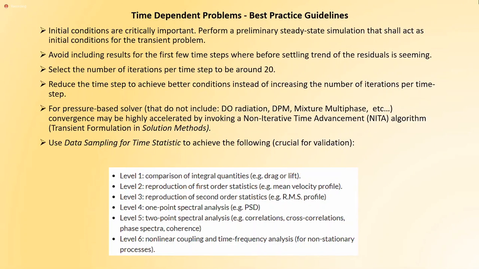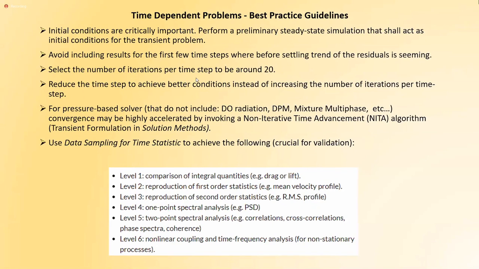Of course, it depends upon the frequency, but we still run a steady state problem before that, and then move to the transient problem. Avoid using results from initial time steps before settling the trend of the residuals. So this is, of course, right.